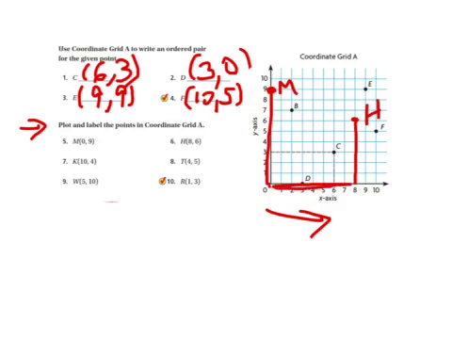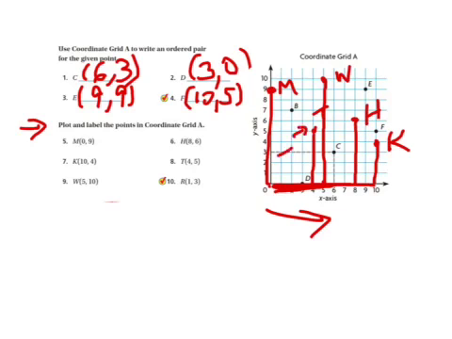We travel 10 along the x-axis and then up 4 along the y-axis, and that is letter K. Number 8 is 4, 5, so that's 4 along the x-axis and 5 along the y-axis, and that is letter T. Number 9 is 5, 10. I just talked about that. 5, 10 is all the way up here, and that is W.